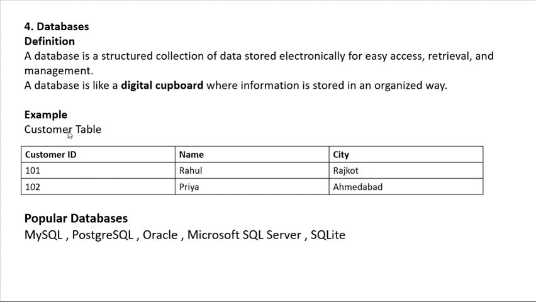For example, a customer table gives the customer ID, name, and city. The first customer's ID is 101, name is Rahul, and city is Rajkot, and then the second and third customers, and many customers' data can be written. Popular databases are MySQL, PostgreSQL, Oracle, Microsoft SQL Server, and SQLite.